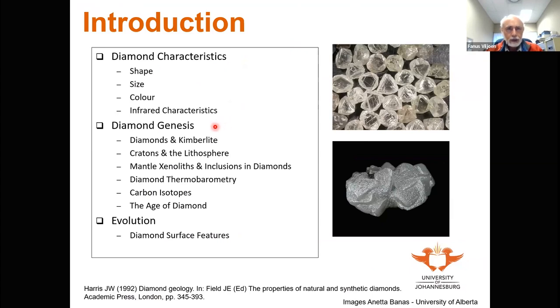I will then follow up with a discussion of diamond genesis in terms of diamonds and kimberlite, cratons in the lithosphere, mantle xenoliths and inclusions in diamonds, diamond thermobarometry, carbon isotopes, and the age of diamond. And then finally, I will finish off with a discussion of the evolution of diamond, with a specific focus on diamond surface features.